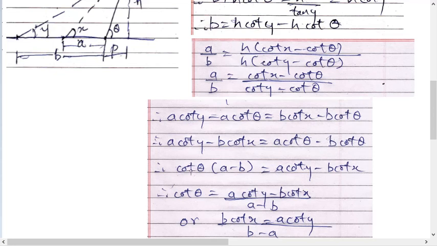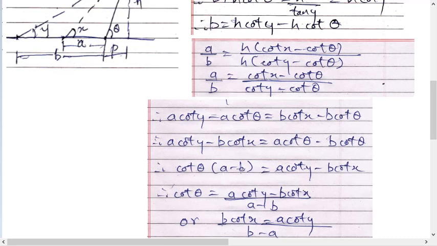Okay. So cot theta into a minus b equals to, see this, x is on one side, theta is on the other side. I have taken theta on the left hand side and x and y on the right hand side because we want theta. You can take it anywhere, but the point is keep all of them in the same place. So cot theta into a minus b equals to a cot y minus b cot x, right?